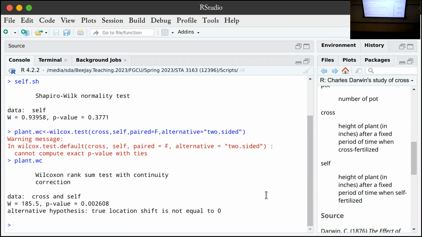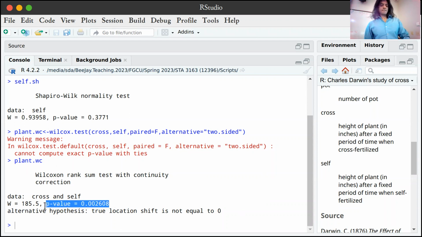Based on the p-value that you see, do you believe that the median height of cross-fertilized lines is the same as the self-fertilized lines? Do we have evidence to support that? Yeah, we do. That they are the same? That they're not. Very good. So since we are rejecting the null, we don't have evidence to support the null, we have evidence to support the alternative.